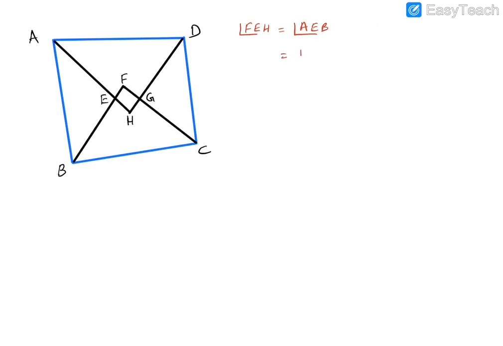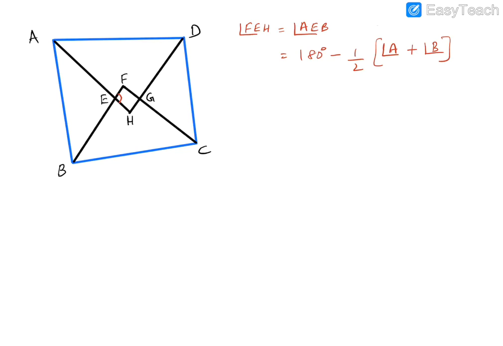That is equal to 180 degrees minus half angle A plus angle B. So we have angle FEH given by this expression. So this is our angle FEH.